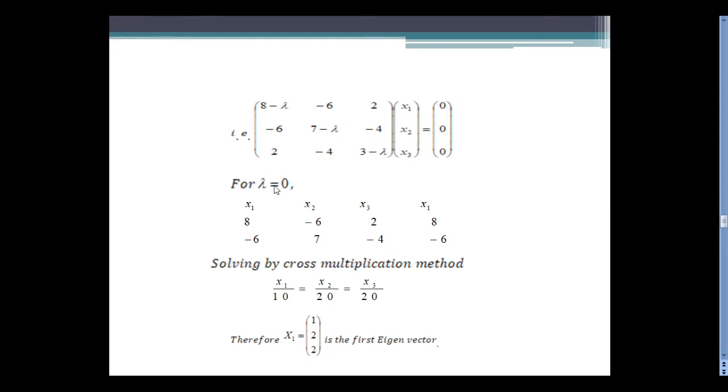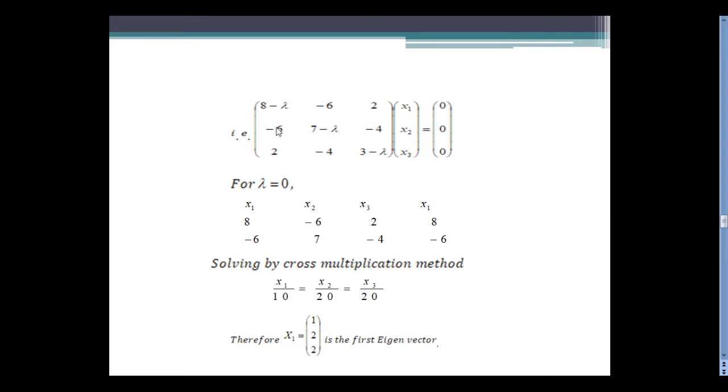Now for the first eigenvalue, put lambda equal to 0 in the given equation. If you put 0, we get 8, minus 6, 2, minus 6, 7 and minus 4. Now we want to take two equations for applying the cross multiplication method.